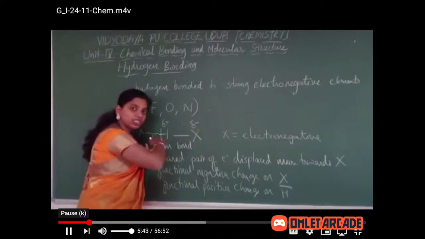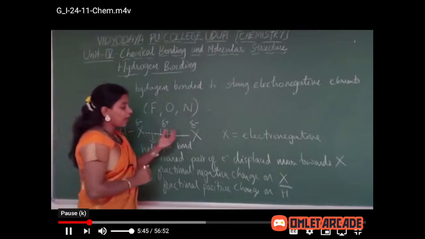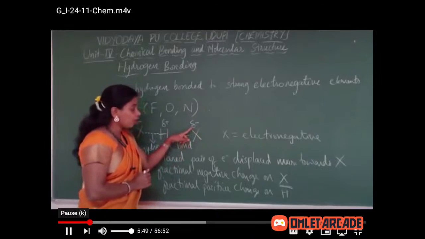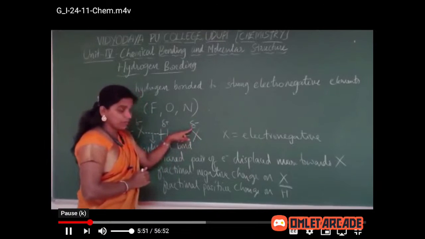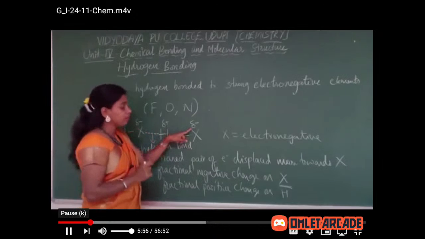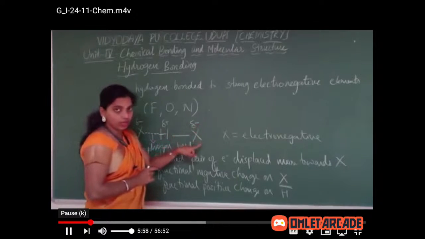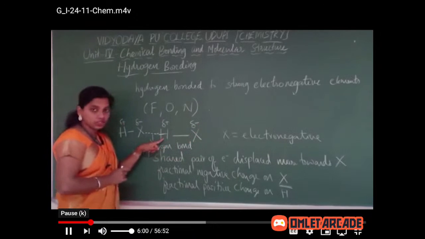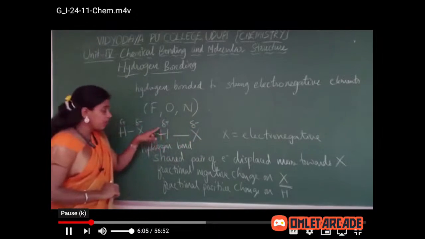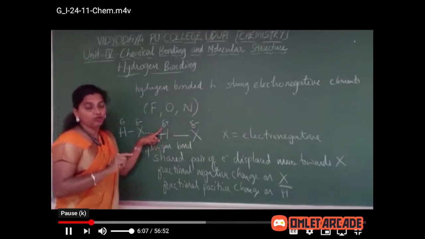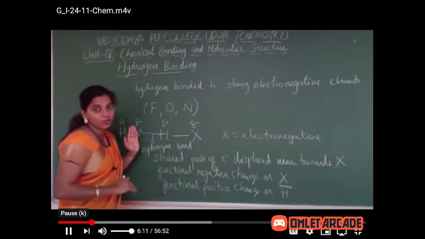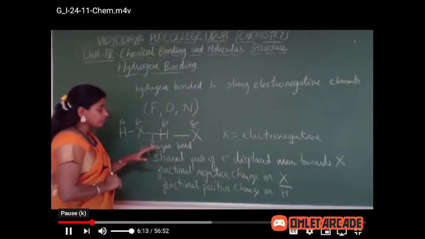That gives a partial or fractional negative charge on X. This symbol is delta. Delta symbolizes fractional or partial. So delta negative on X, and since hydrogen has given its electrons towards the electronegative atom, it attains a partial or fractional positive charge. So now polarity is developed in the molecule.